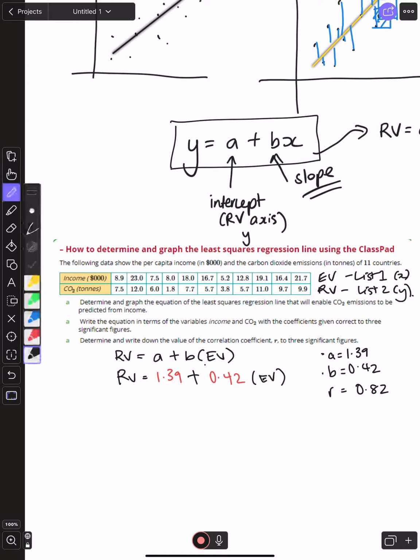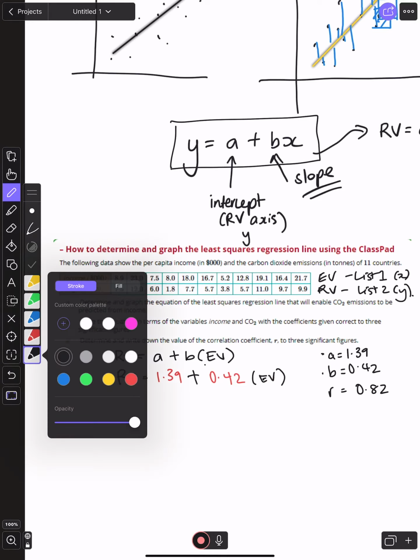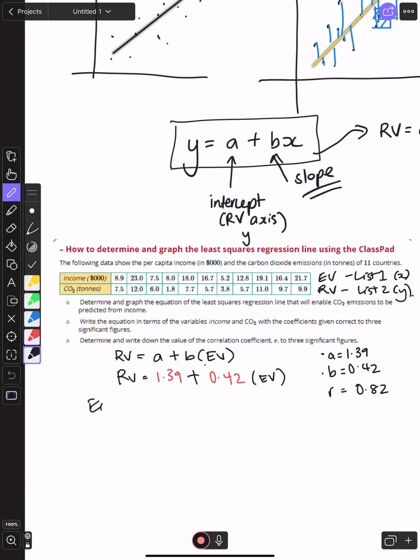So I'm going to just call that CO2 tons. So, it's carbon dioxide emissions. So I'm going to call it maybe emissions. Might be a nice way to label that one.